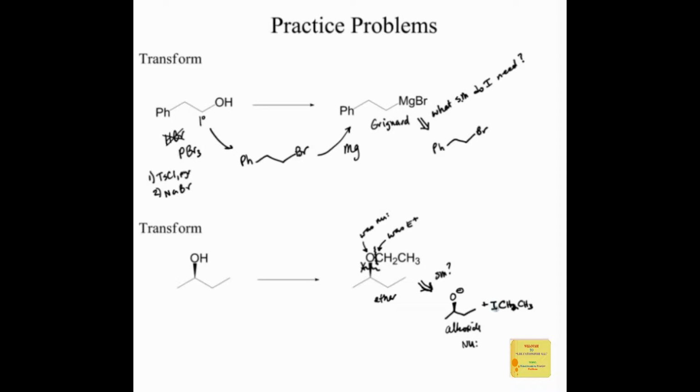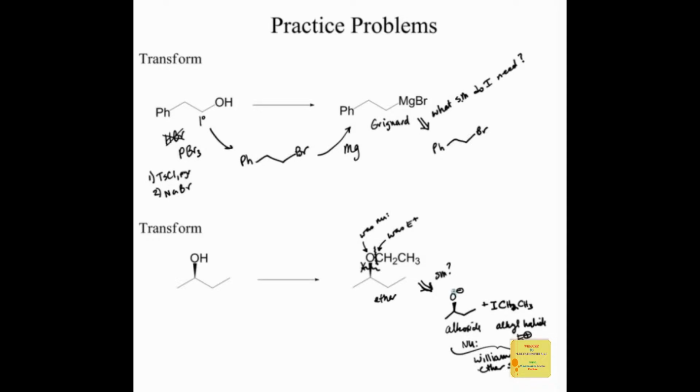Chloride, bromide, iodide is your choice. Sorry, not fluoride. So the alkyl halide would be our electrophile, and when we combine an alkyl halide and an alkoxide, we call that the Williamson ether synthesis. That's a very good way to synthesize ethers. It's not the only way, but one of the ways you should probably consider first.